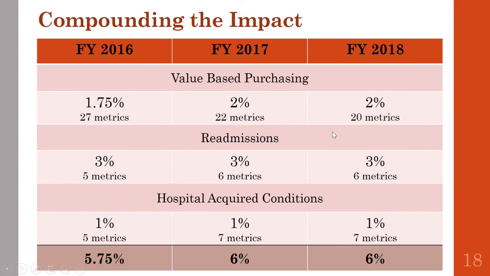And where you'll see the metrics increasing on readmissions and hospital-acquired conditions is really showing that shift from process metrics to outcome metrics. We want to measure less of your process and penalize you less on your process, and we want to penalize you more on the way that outcomes are being had from the patient's perspective.